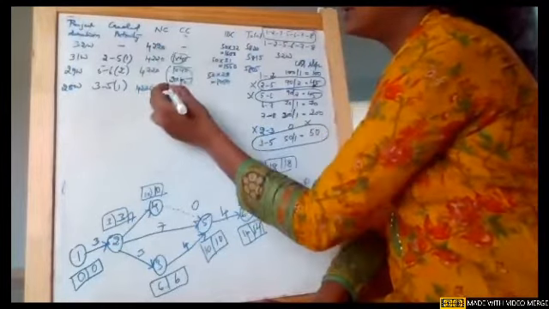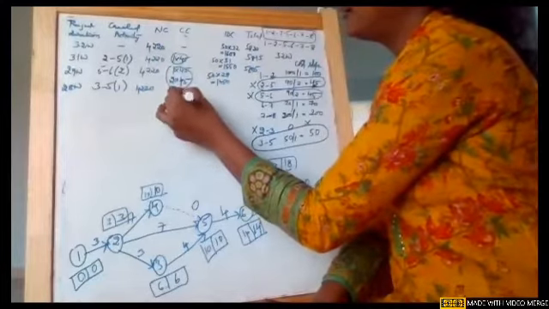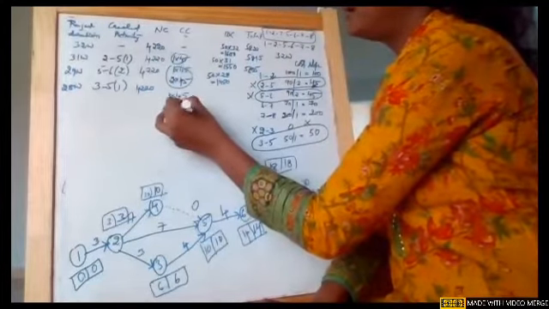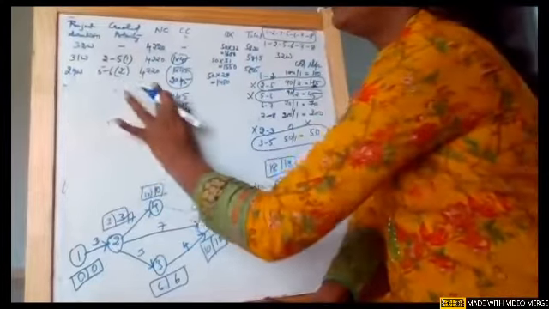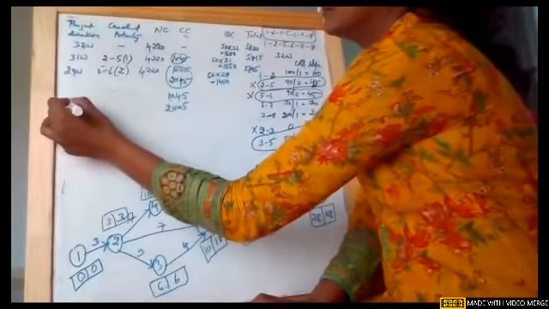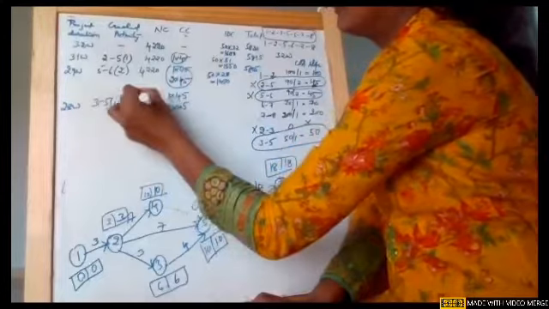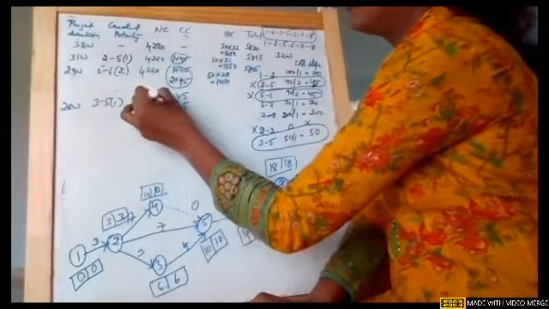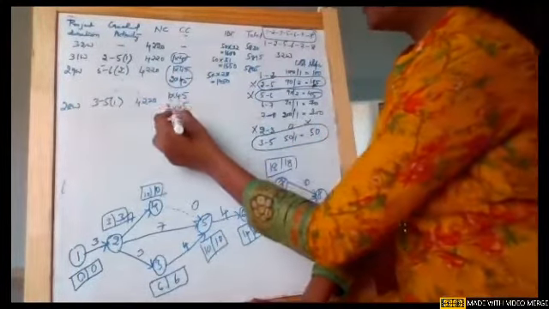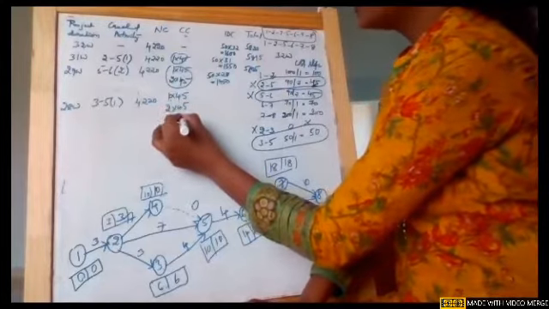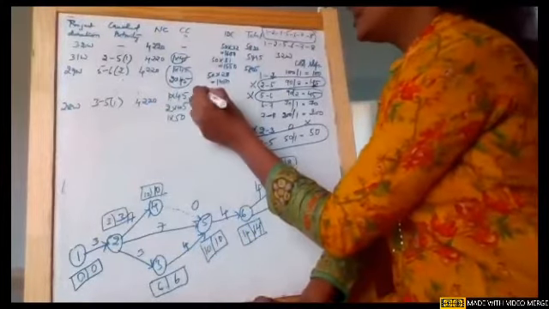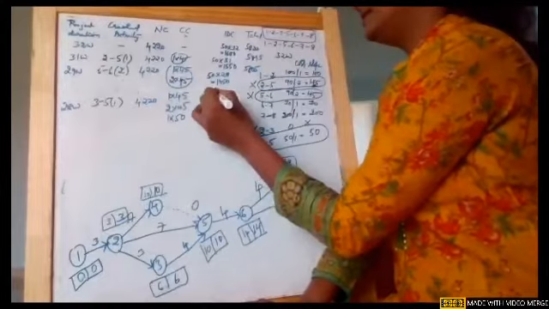Okay, this adds up: 1 into 45, 2 into 45, and one more new cost slope, 1 into 50, and this is 50 into 28.